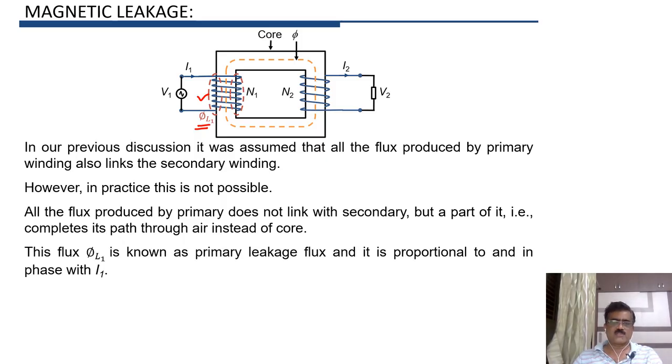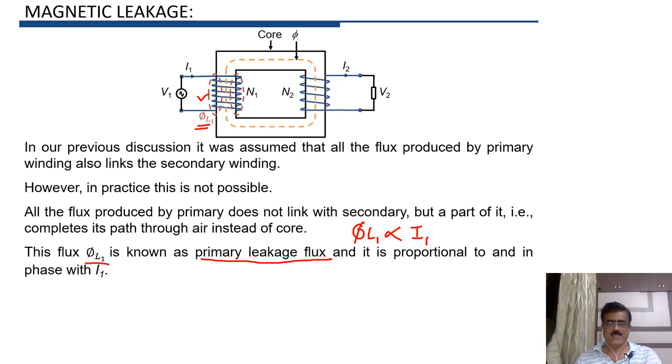So this flux phi L1 is called primary leakage flux because it is linked with primary winding only, and this primary leakage flux phi L1 is proportional to primary current I1 and it is also in phase with current I1.